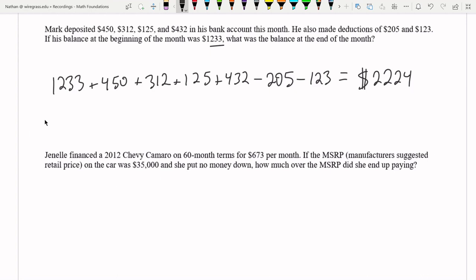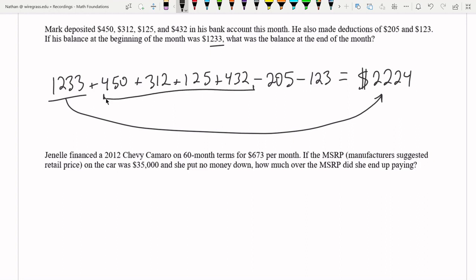What I noticed is that, right, this increased. And to me, that makes sense because we added up a lot more than we took away, right? If I were to make an estimation, this number here kind of cancels this number, and this number here kind of cancels this number, a withdrawal and a deposit.